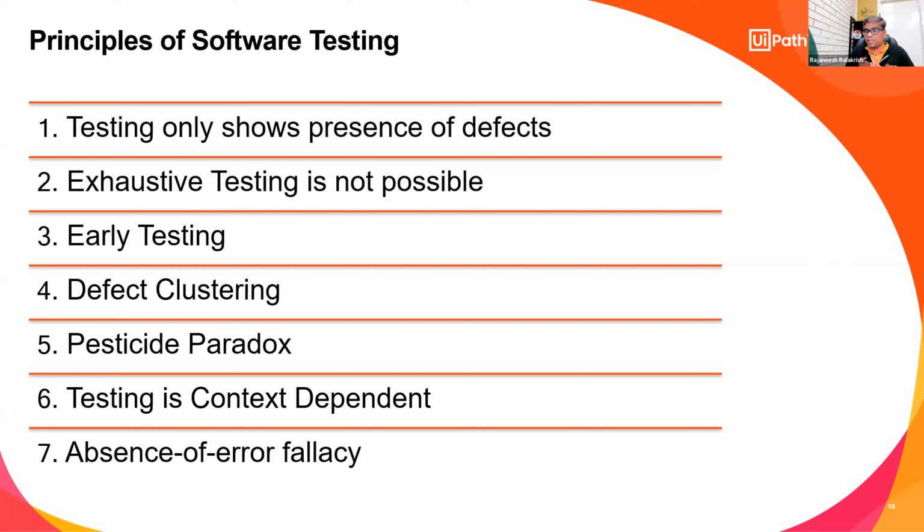Or the acceptance test criteria fails. So the actual software you have developed for some purpose does not meet that purpose. Even though the software is developed in very good quality and there is no defect and all the functions are working perfectly, at the end of the day, if it is not satisfying the customer or the user, developing such good software is of no use. Right. So that is called the absence of error fallacy.